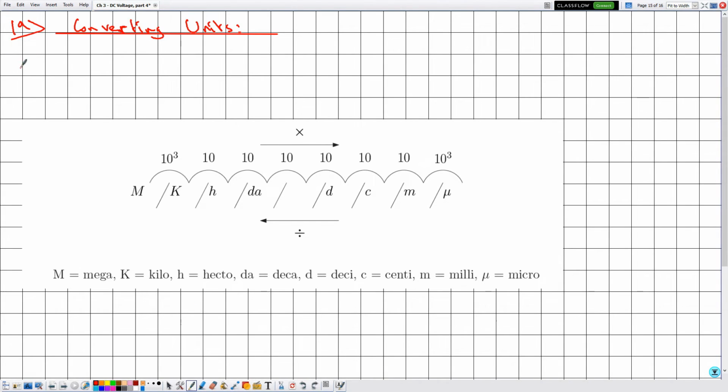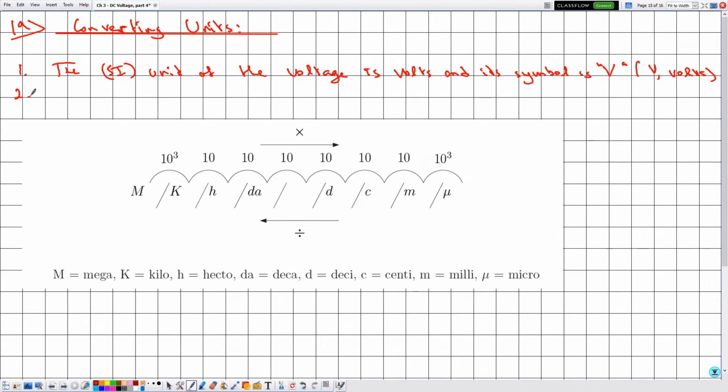Let me start by the voltage and say the SI unit of the voltage is volts, and its symbol is V. So we say V, which is given by volts.